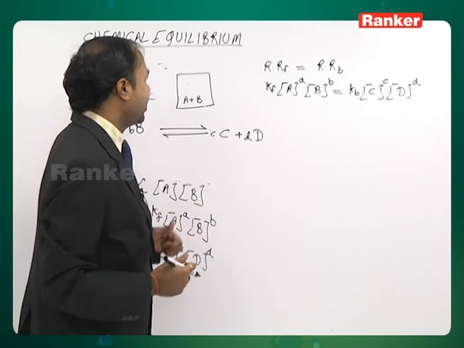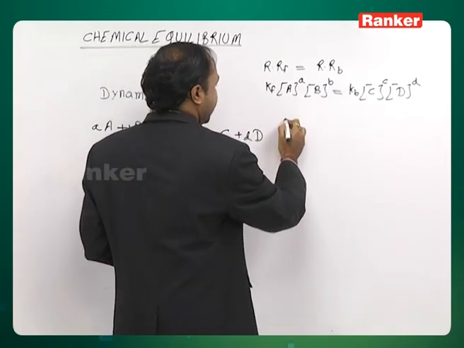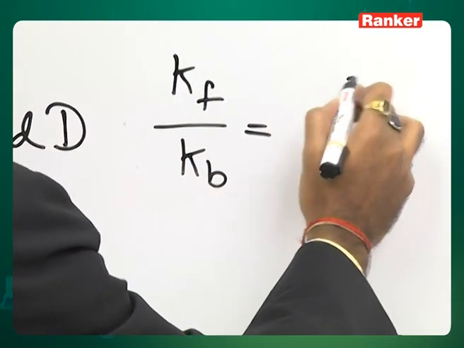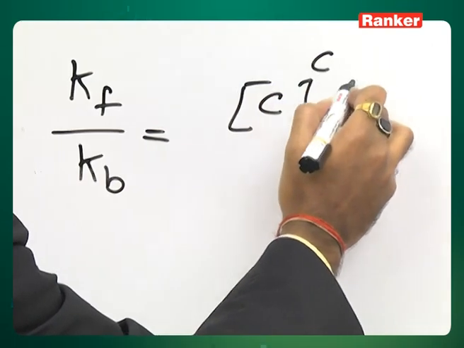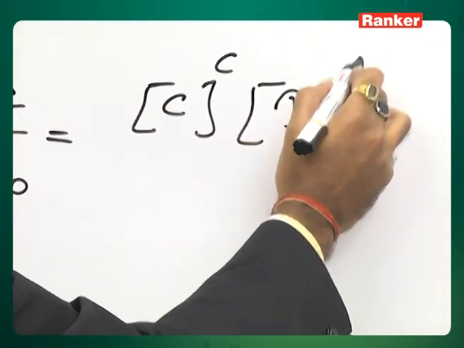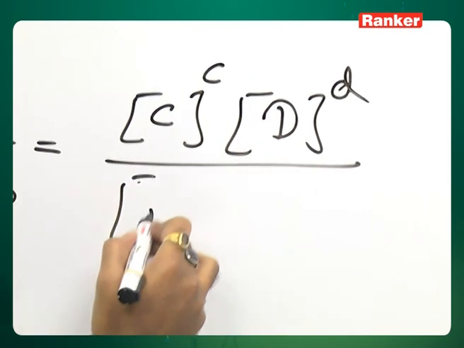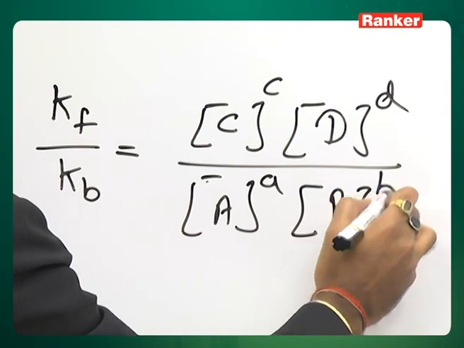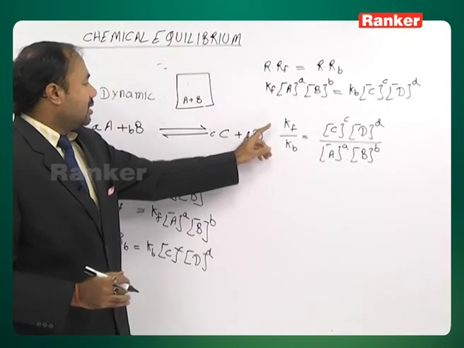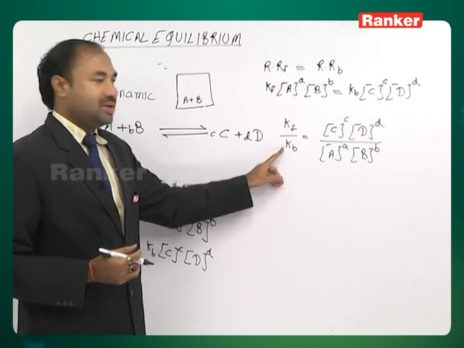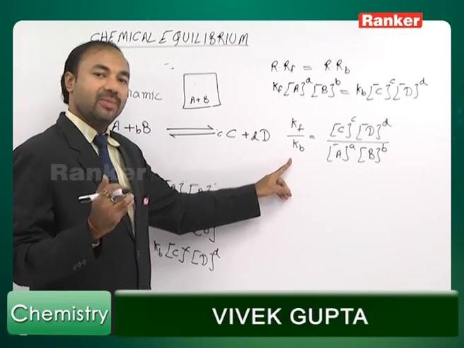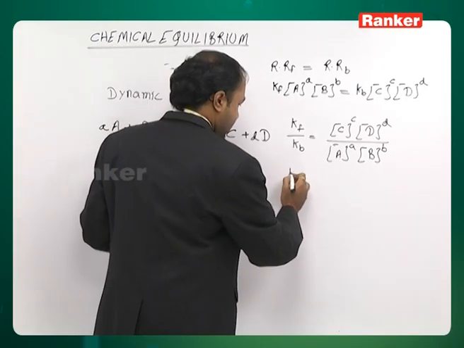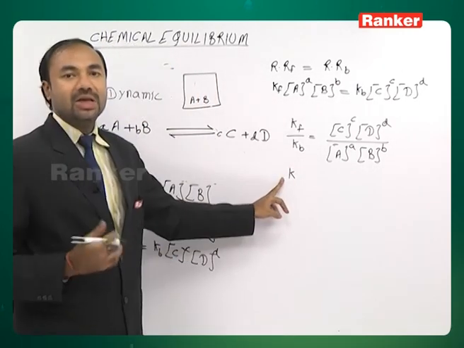Simple substitution we do here, we get Kf by Kb equal to concentration of C power c, D power d upon concentration of A power a into B power b. Kf and Kb, again you remember these are constants, so their ratio also will remain constant. So we put a constant here, K.